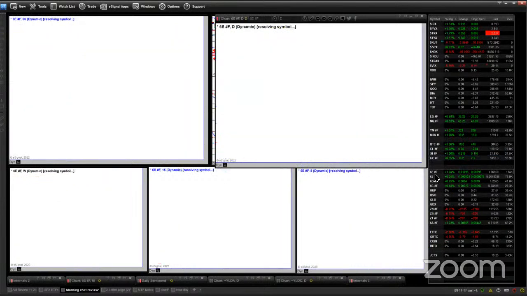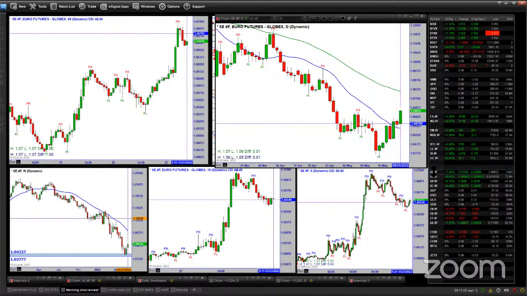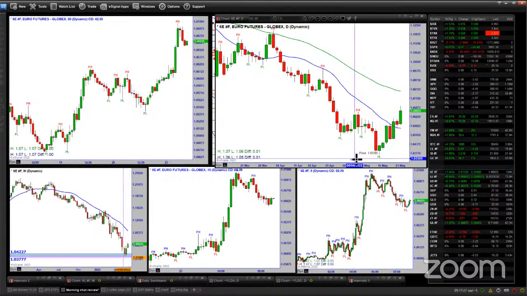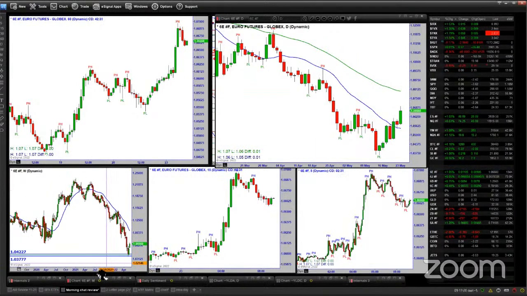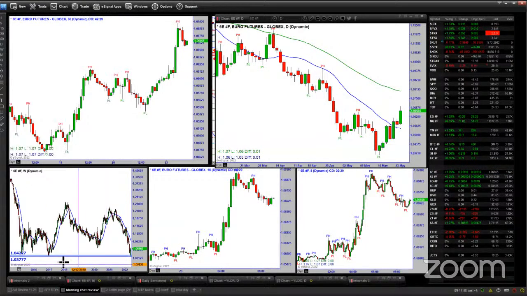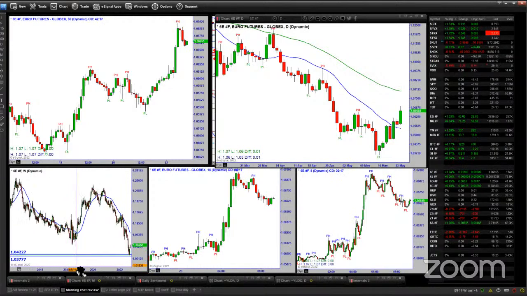I'm trying to mention Euro, US. Here, these are the futures versus looking at the Forex pair, and we looked at this a couple of weeks ago. The dollar being up as much as it is has at this time a bit of a negative influence, with the euro coming all the way down to this 2017 low.